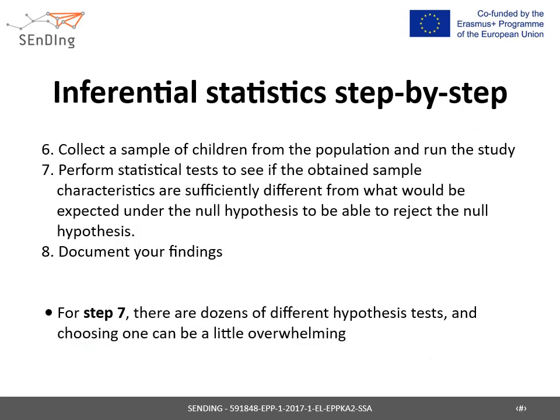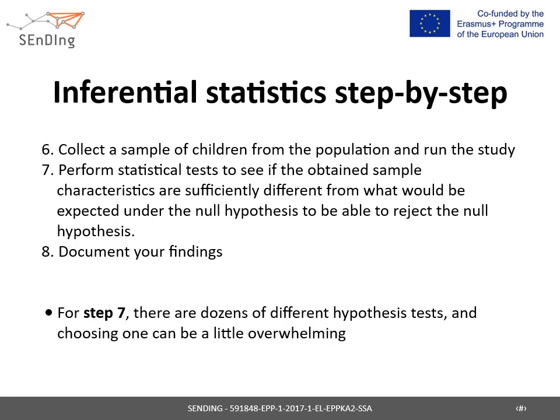After formulating the null hypothesis we move on to step number 6. Collect a sample of children from the population and run the study. 7. Perform statistical tests to see if the obtained sample characteristics are sufficiently different from what would be expected under the null hypothesis, in order to reject it. 8. Document your findings.